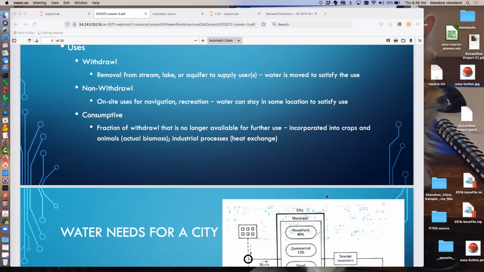That would be considered consumptive water. Not only that, because I'm going to consume the tomato, run it through kidneys and colon, and then put it back into Yellow House Draw. So that's consumptive use. So the water that gets incorporated into crops and animals, the actual biomass, that's considered consumptive.